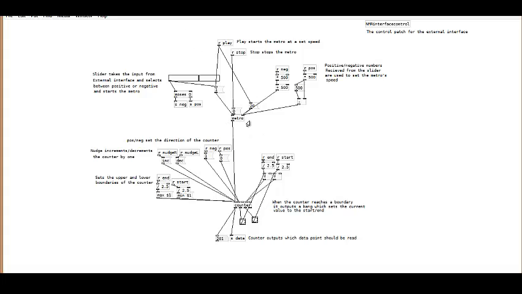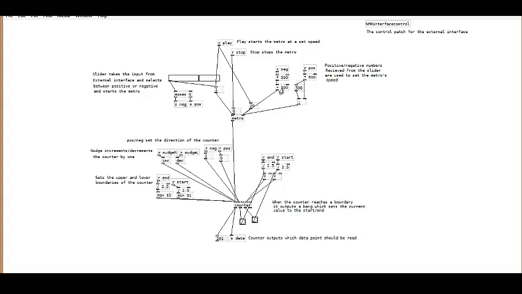So we have the metro again, but this time it's set to play anytime this is changed, or if we set play. Anytime you change the speed, you set it to play, and then we also send these two numbers off, whether it's negative or positive.